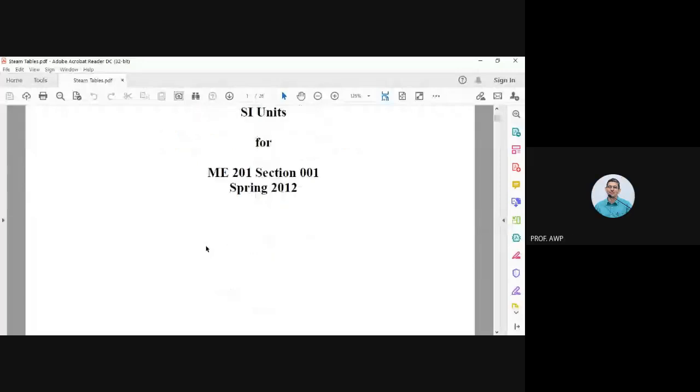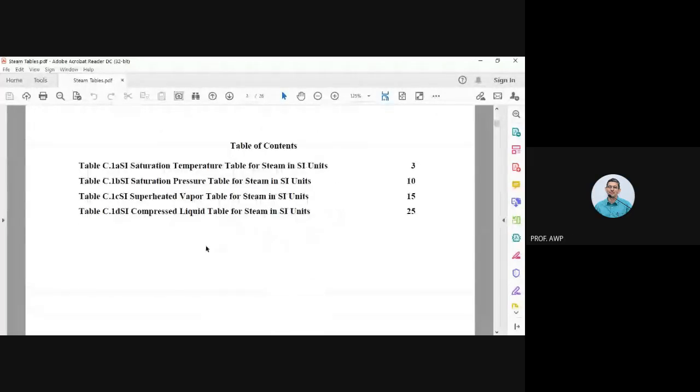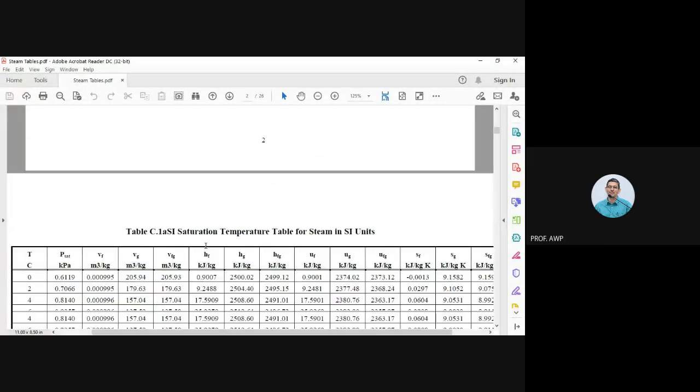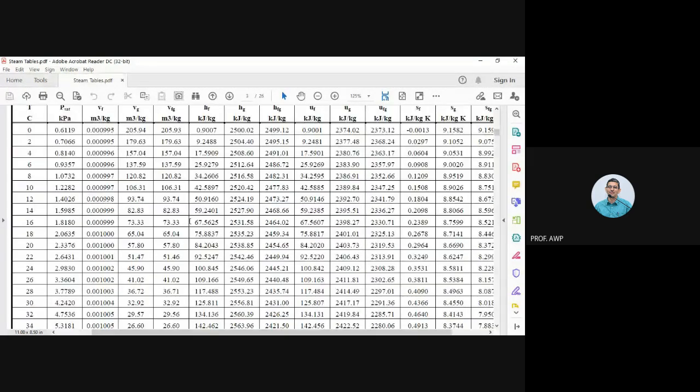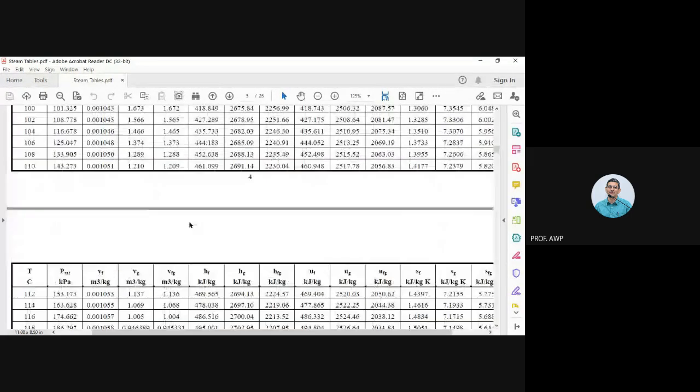Yes, sir. So what was our feed? Feed was 10 atmosphere. So this is the saturation temperature table in SI units. Now it is the temperature table, right? Table C1. There is also a pressure table.